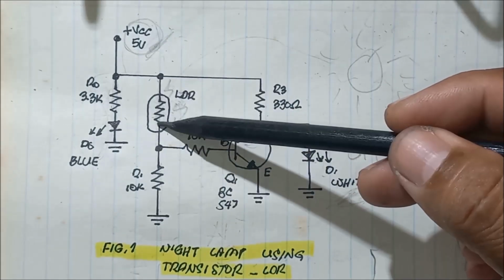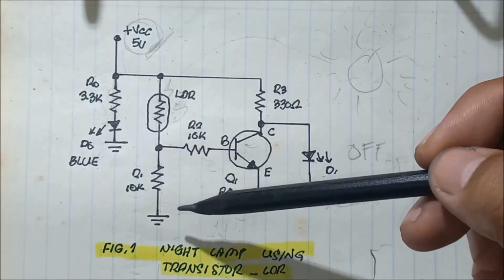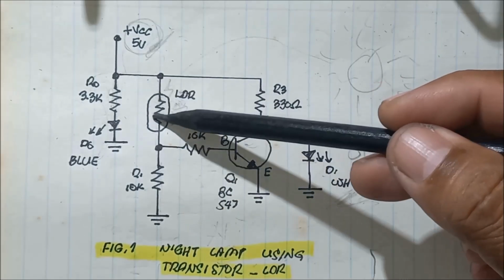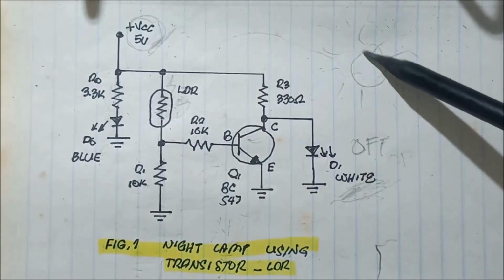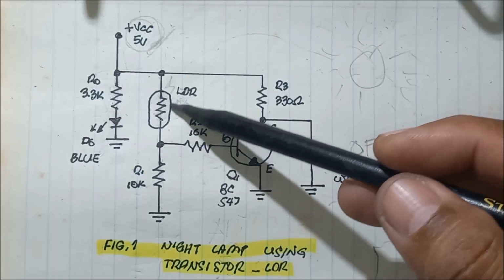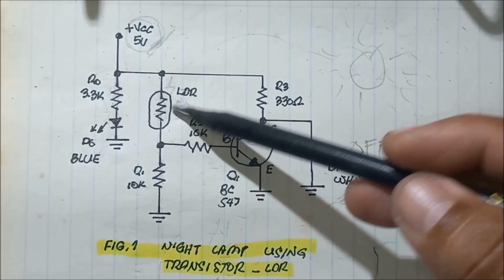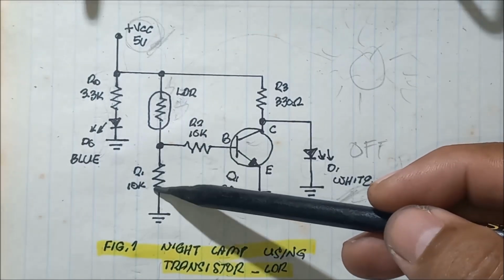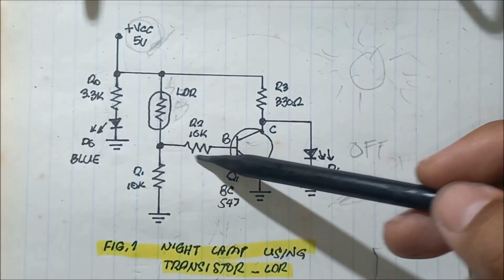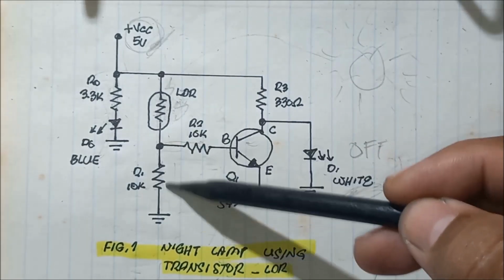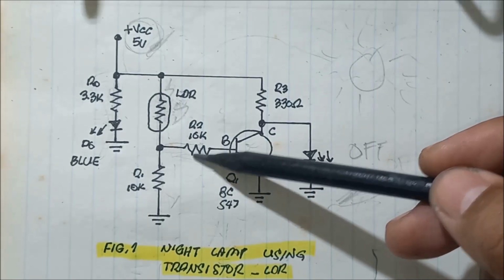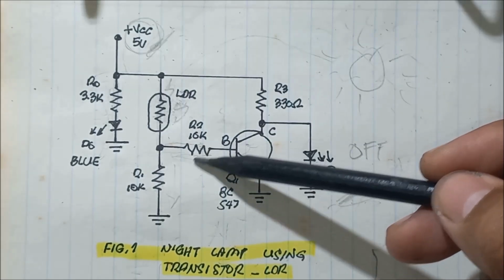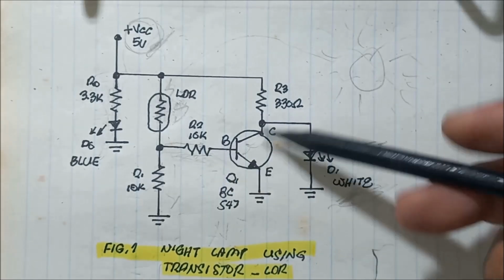So this LDR serves as a pull up resistor. Less resistance is created because of the light that shines into the LDR, causing the current to flow to the base of this transistor. This is the biasing resistor, so it biases the transistor.